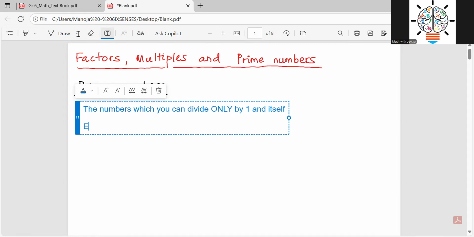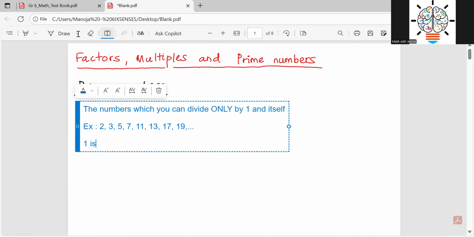The examples for the prime numbers are 2, 3, 5, 7, 11, 13, 17, 19, and it goes on, right?